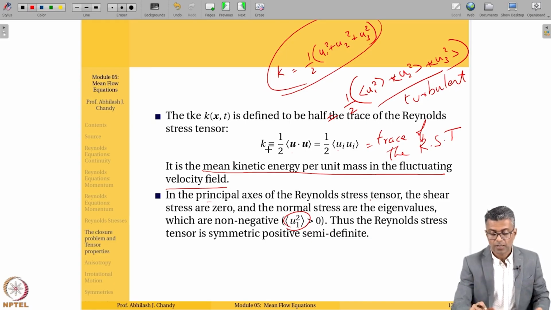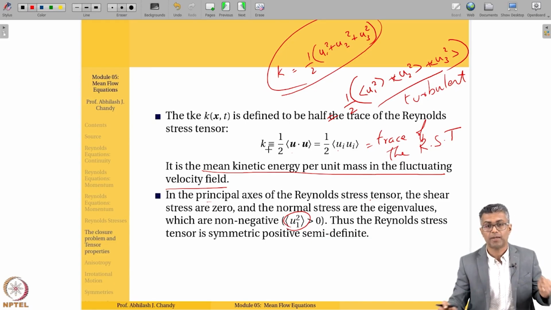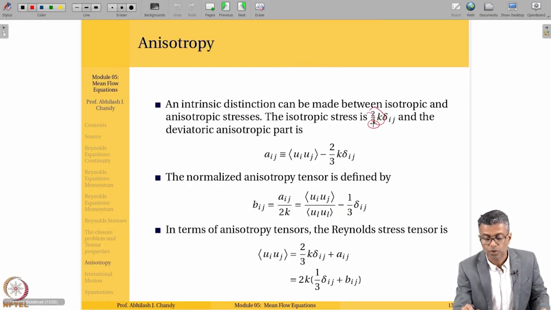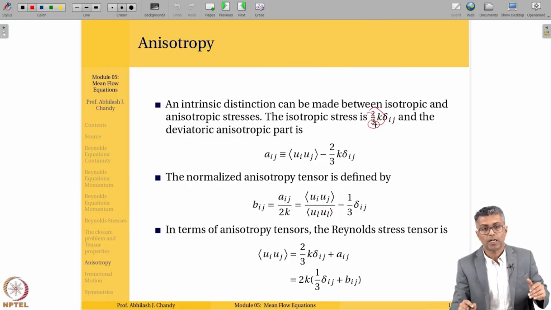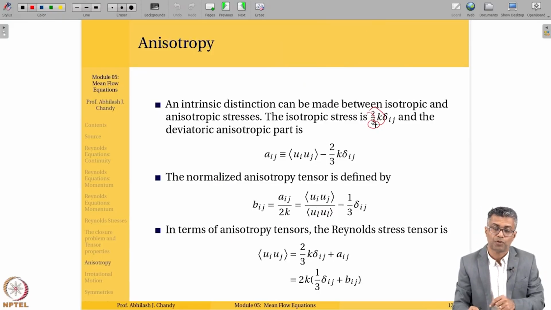Can you see that? The UiUi is 2 times the kinetic energy. That is where the 2K is coming from. And 1/3 because you are taking an average of all the 3 components. So that is how you would define an isotropic stress, the diagonal components.